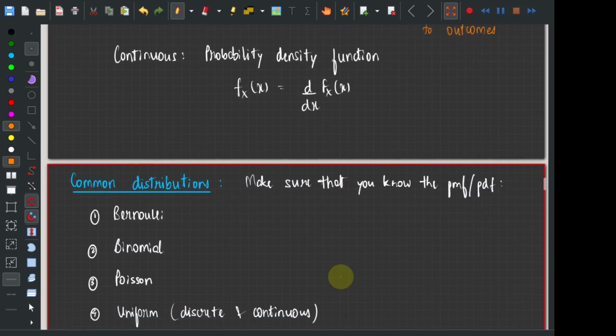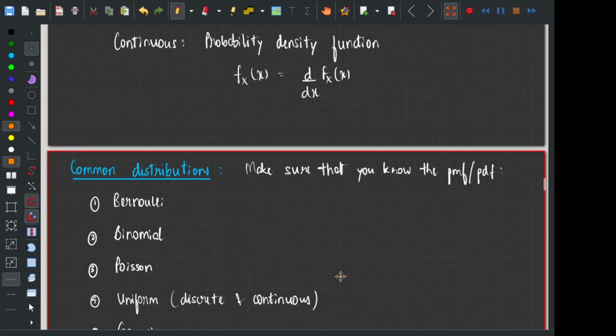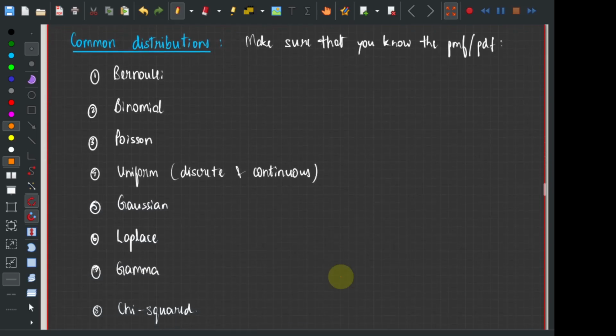Okay, but at least throughout this course, we'll either deal with discrete random variables or with random variables which have a well-defined probability density function. Here are some common distributions that we'll keep working with, and you should know the definitions of all of these. I won't go through these in this class.